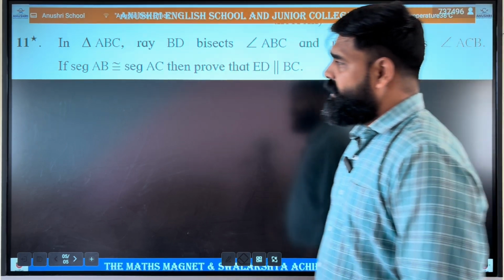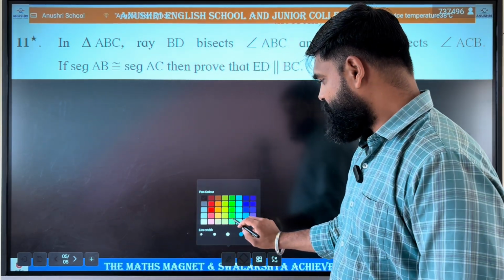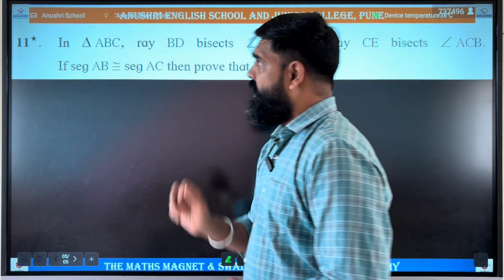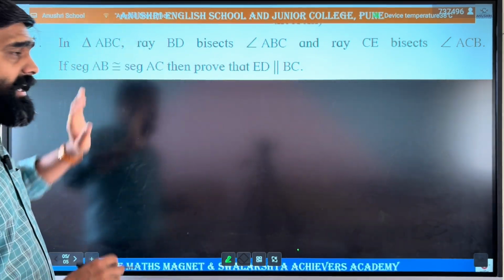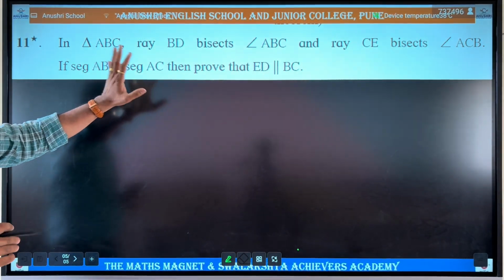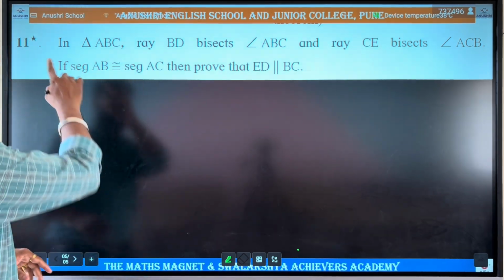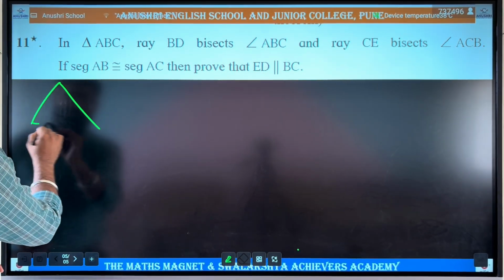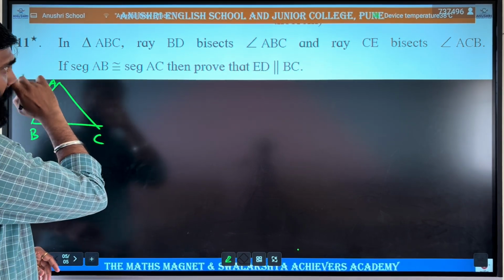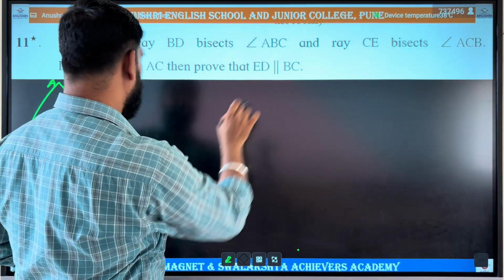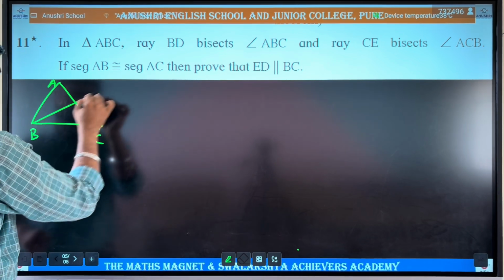So we have the question here. In this question we have triangle ABC. Now we have to draw the diagram here because a diagram is compulsory in this kind of question. So suppose this is triangle ABC, right? Ray BD is bisecting the angle ABC. Ray BD, this one.